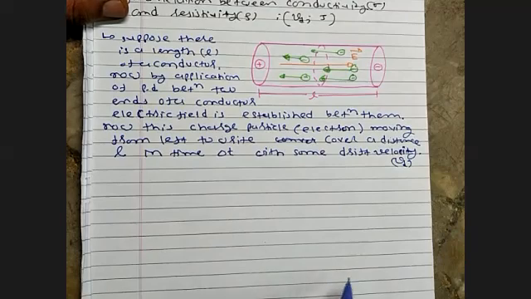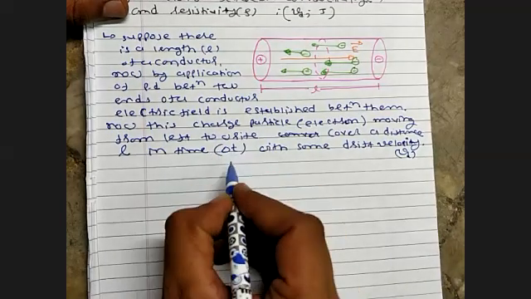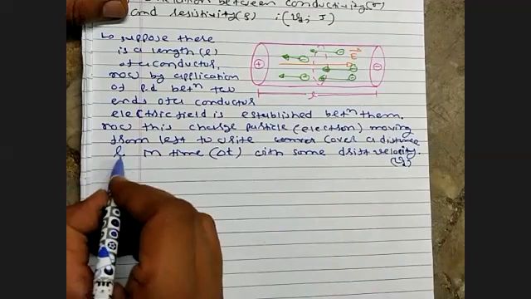Drift velocity is Vd within this time interval, covering distance L.